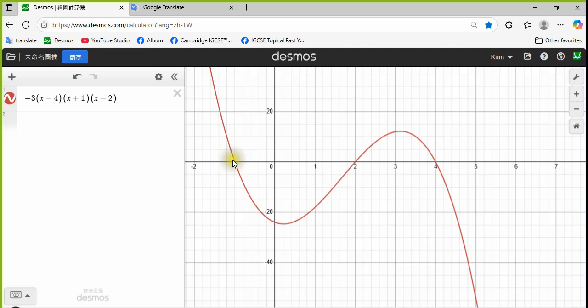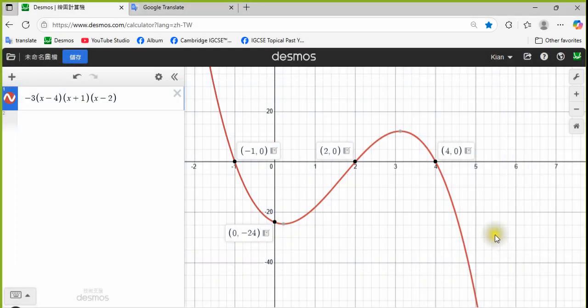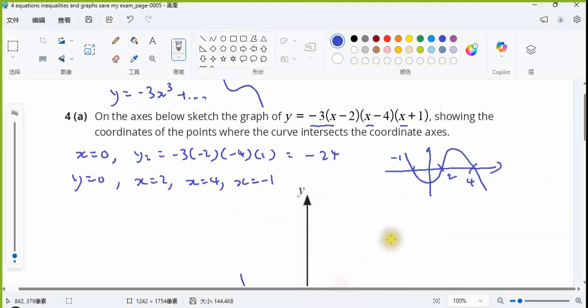The shape is like this. So the shape for my graph is slightly different from the graph given. But as long as your shape is correct, and the negative 1, 2, and 4, the x-intercept is correct, and the y-intercept is correct, then you will get the marks.